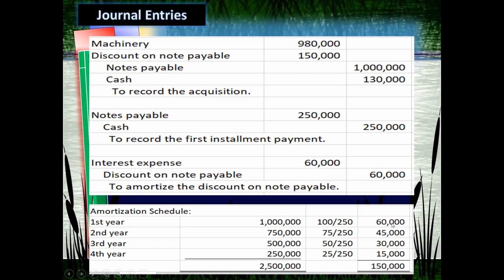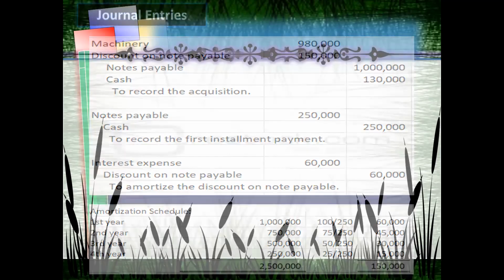For the second month, you'll have 45. For the third month, you have 30,000. And lastly, for the fourth month, you'll have 15,000. So that's how you account your transaction if in case the asset or the property is acquired on installment and meron kang cash price equivalent. Okay?